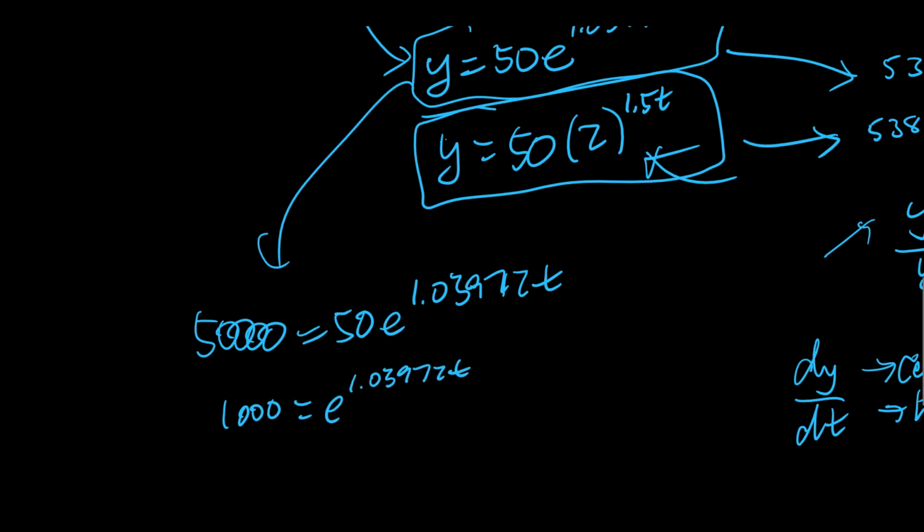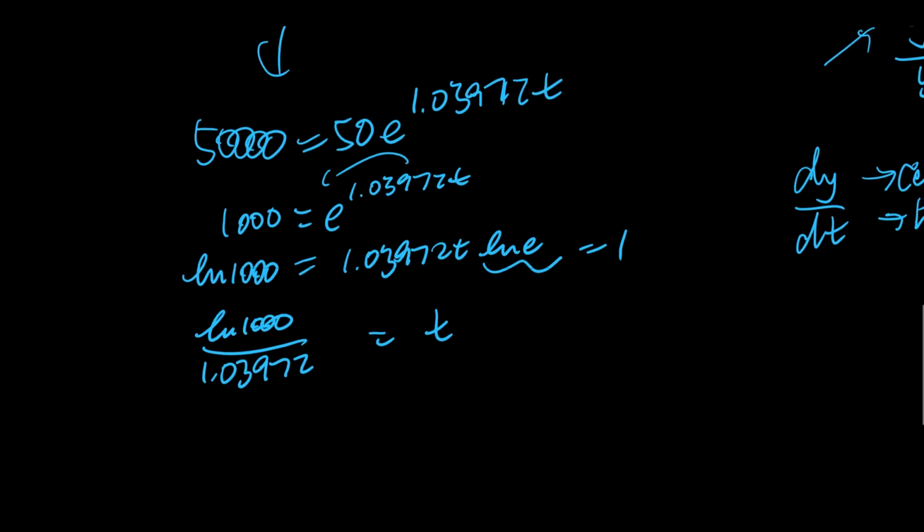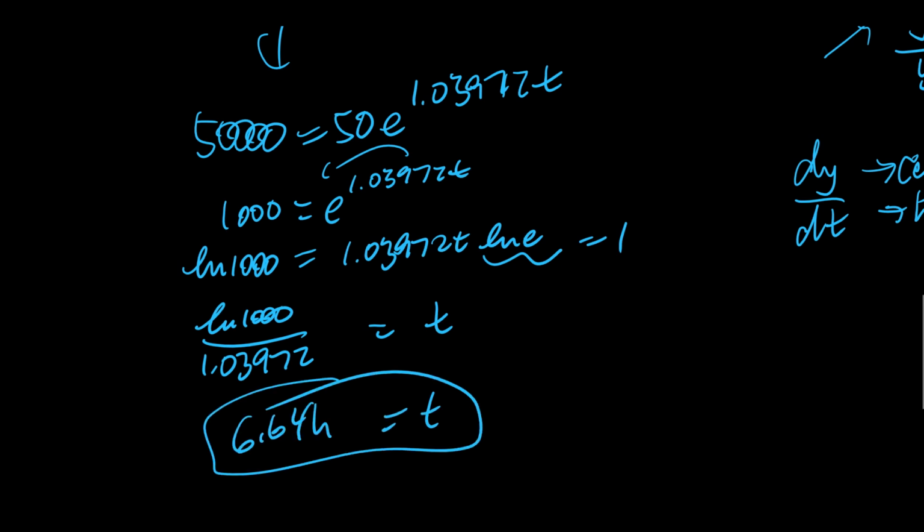Then you take the natural log of both sides. On the right, it'll be 1.03972t natural log of e, because the exponent comes down in front of the natural log. Natural log of e is equal to 1. And so you get t equals natural log of 1,000 divided by 1.03972, and you get 6.64 hours. And there you have it. So that's that problem.